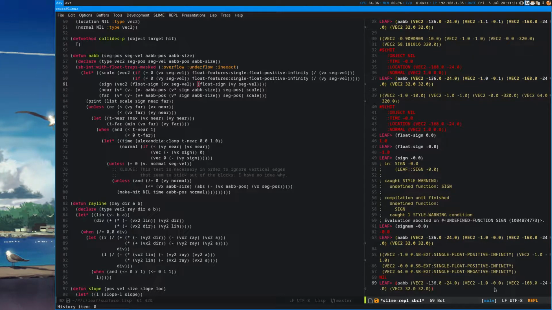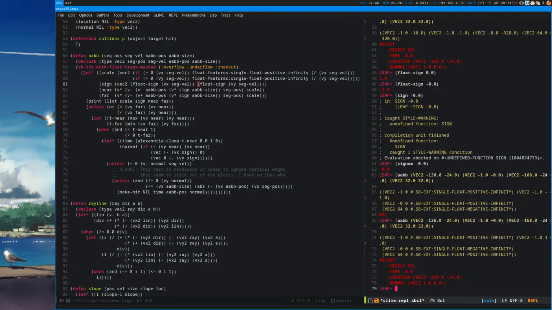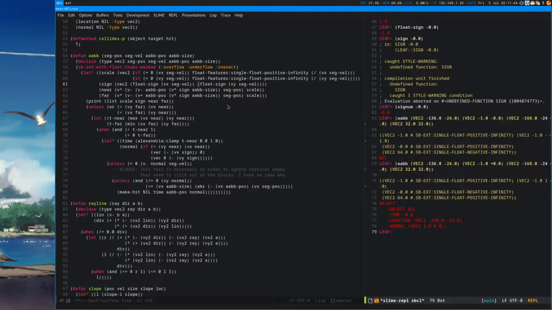Is it also a problem if this is positive? No. Very interesting. So it has to do with the sign. Where is that used?